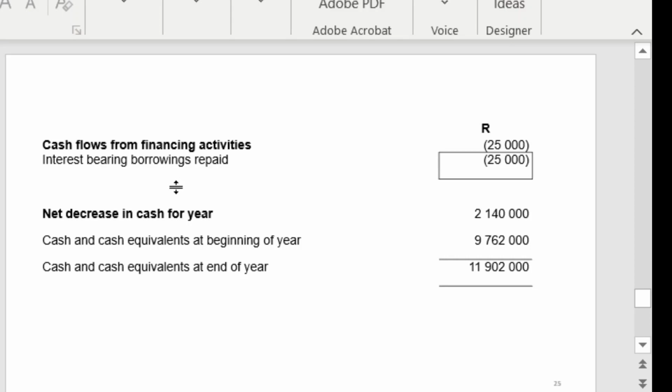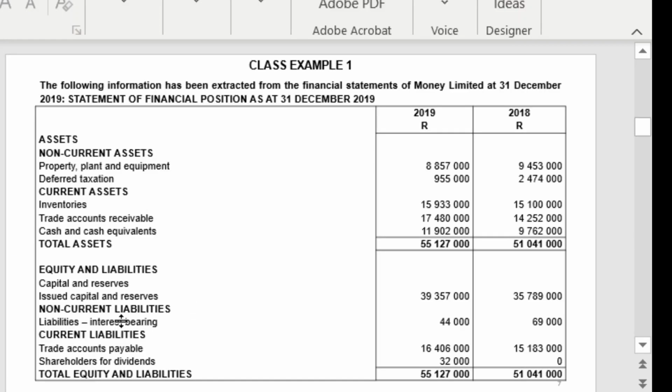So now let us look at the interest-bearing borrowings. If we go to our statement of financial position and non-current liabilities, then we have liabilities in the form of interest-bearing borrowings. If you look here, we started with liabilities of 69,000, now we have 44,000. So the difference is what was paid regarding these interest-bearing borrowings.